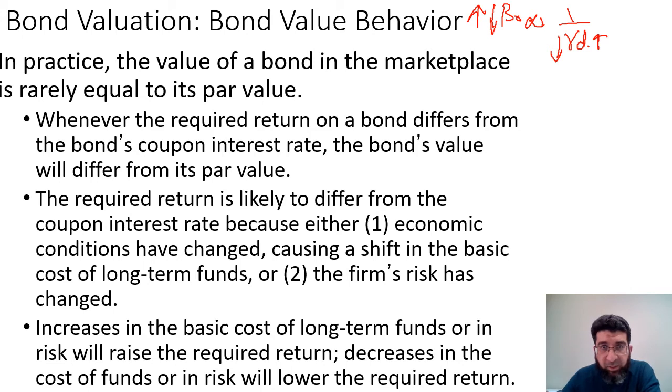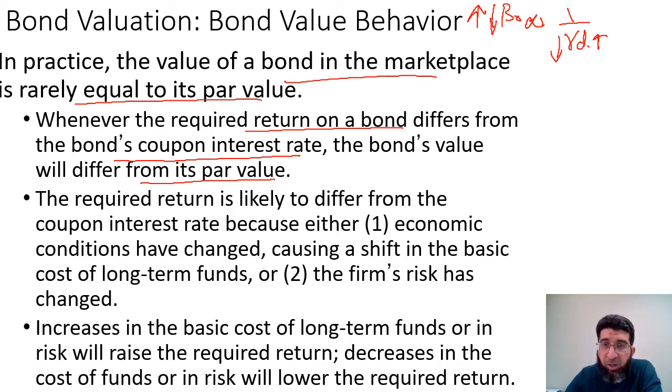So let's look at other things. For instance, bonds in the marketplace are rarely equal to their par value. Whenever the required return on a bond differs from the bond's coupon interest rate, the bond value will differ from its par value. So the value after issuance will no longer be $1,000.